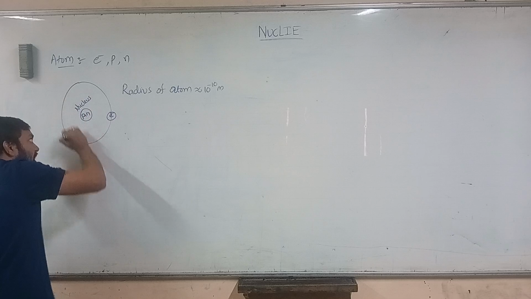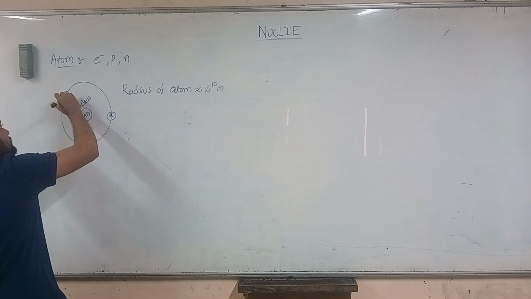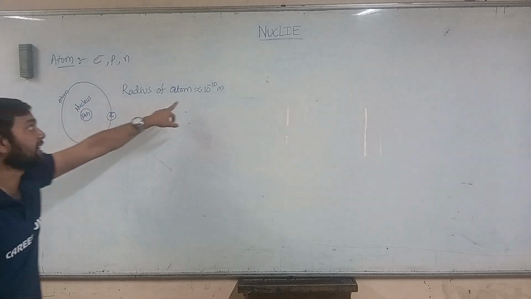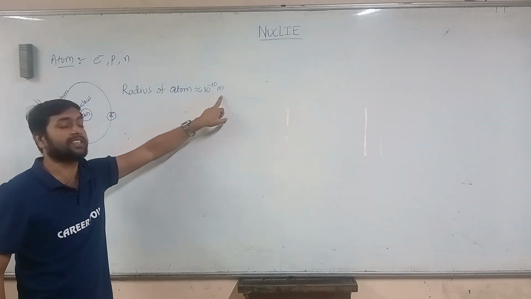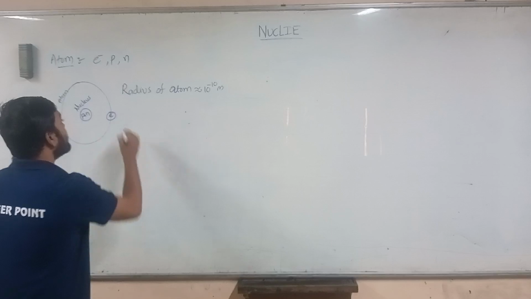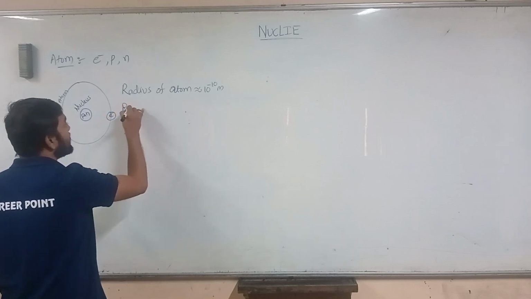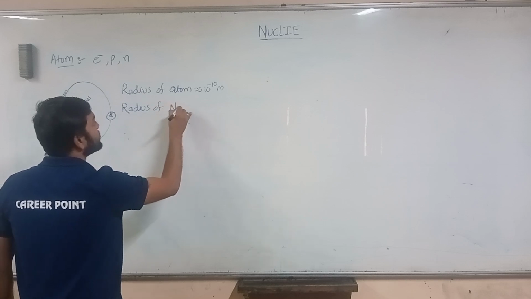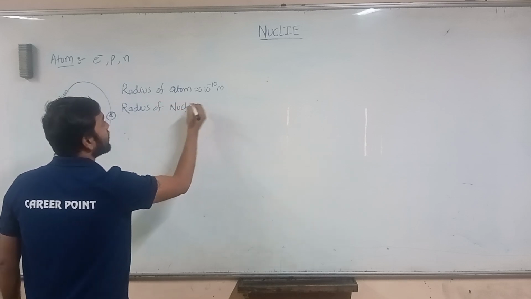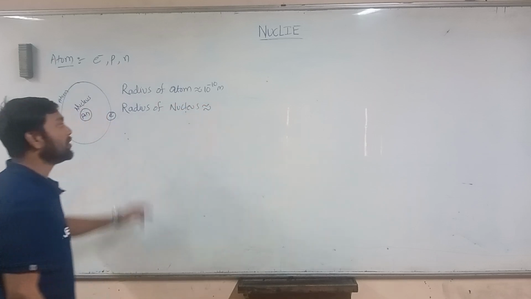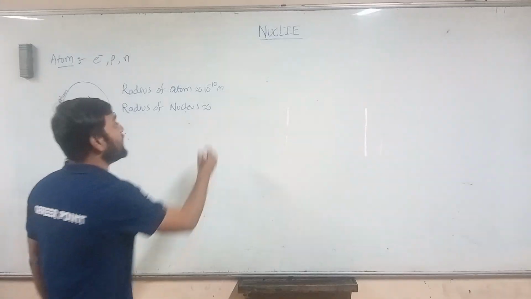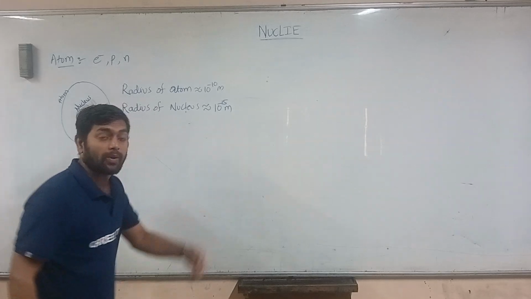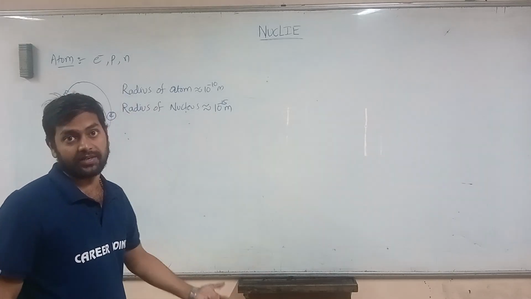This is the atom and this is the nucleus. So the radius of the atom is equal to 10 to the power minus 10 meters. And let us take the radius of the nucleus. The radius of the nucleus is about 10 to the power minus 15 meters.